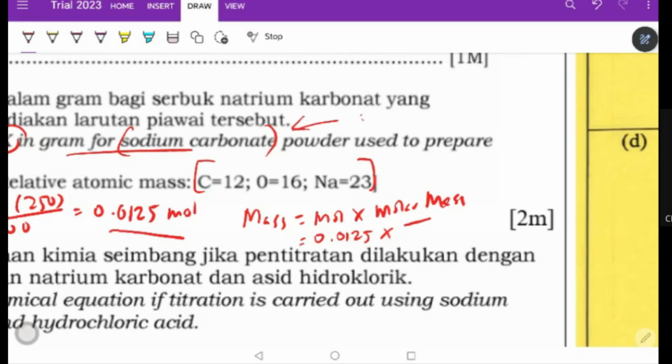Sodium carbonate. Twenty-three, 46, 12, plus 48.